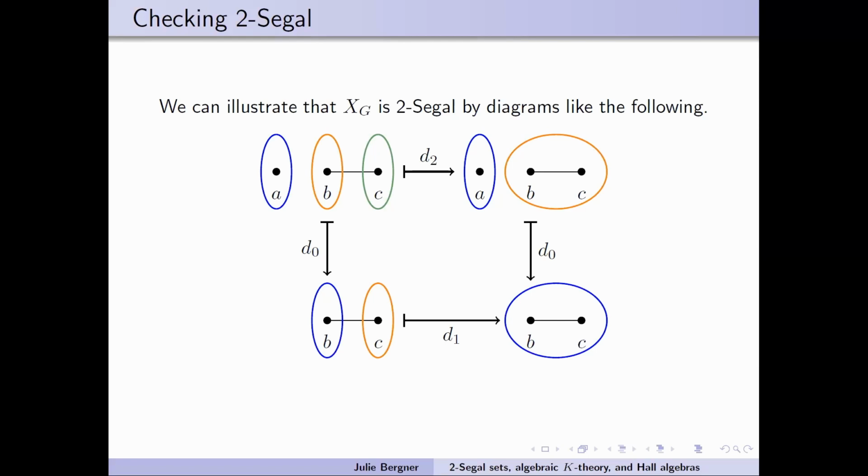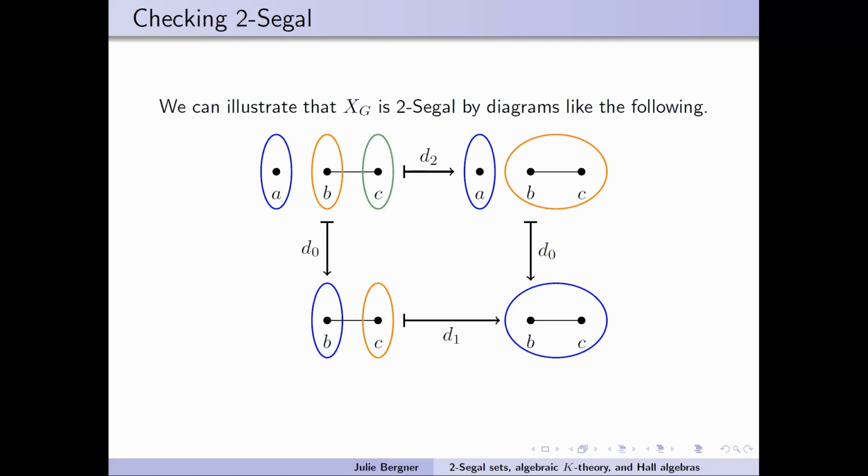So here's a diagram. Up in the upper left corner is a representative example of a 3 simplex. I have a subgraph with A, B, C joined, and now blue comes before orange, comes before green. That's my ordering on the partition.